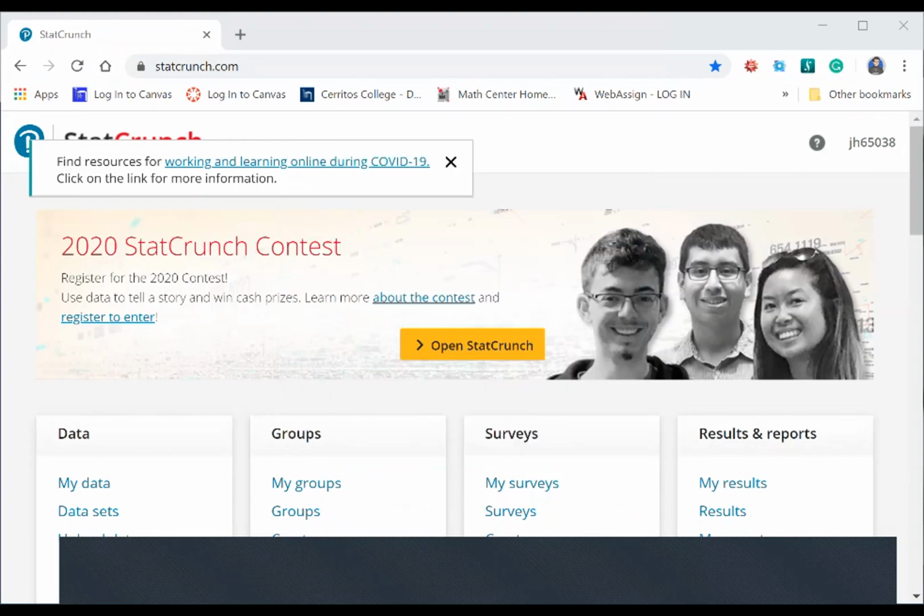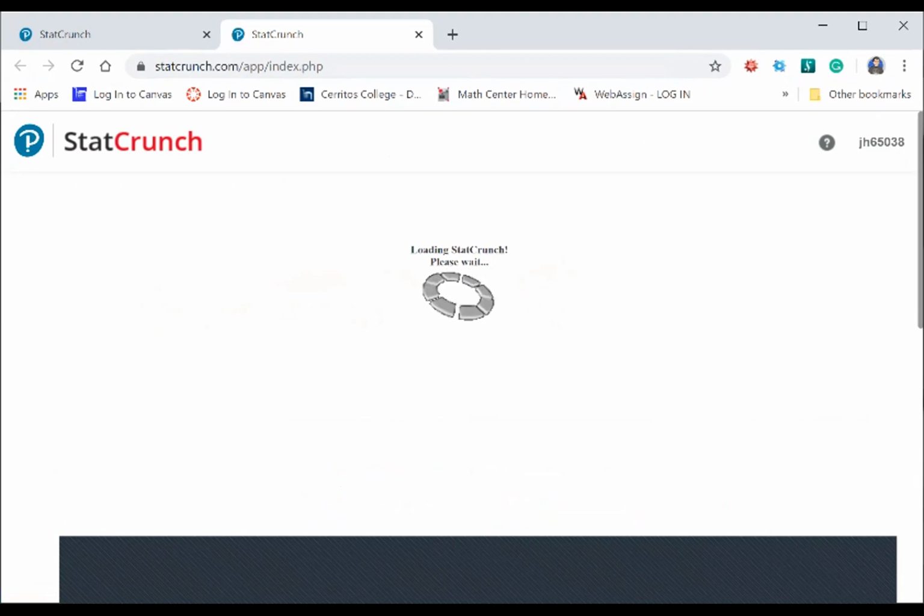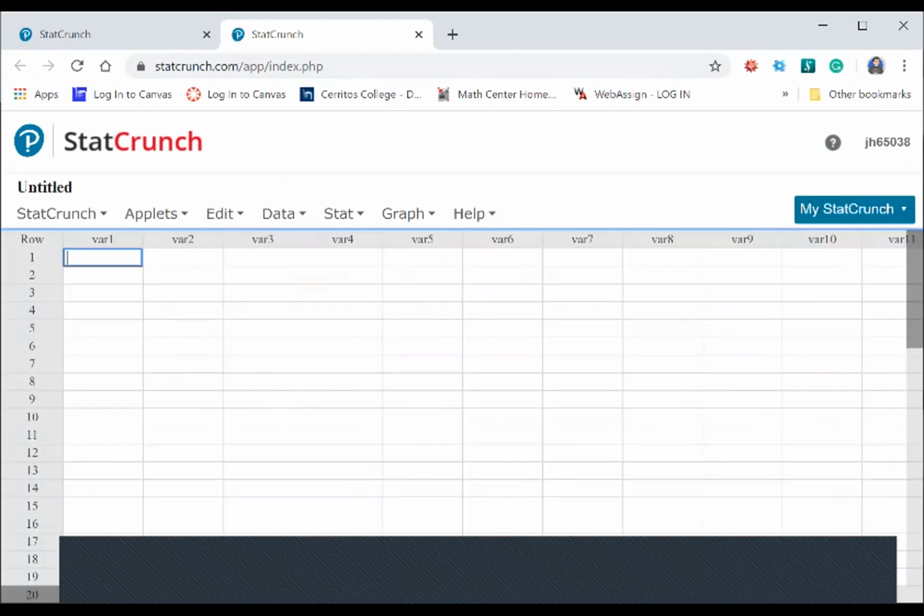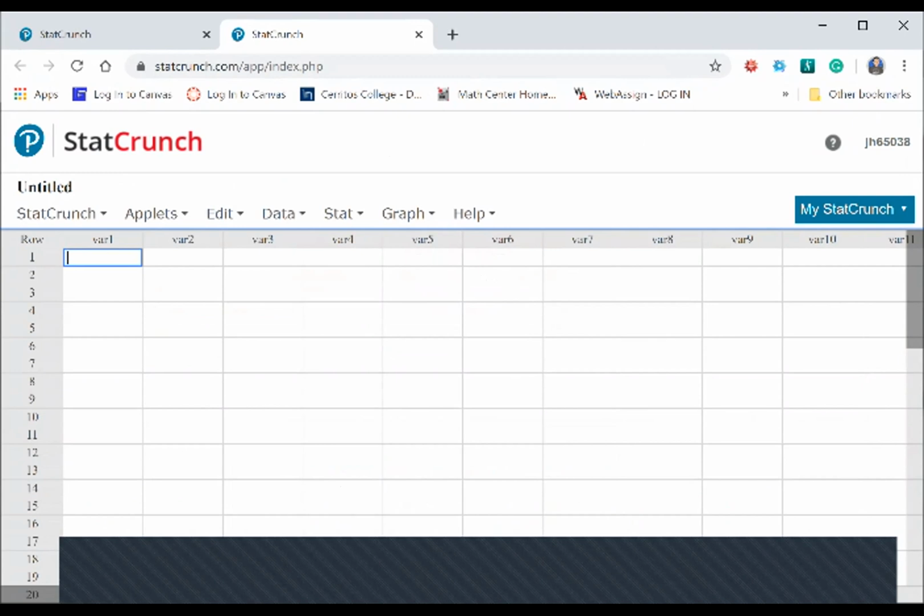Okay, so open StatCrunch. I've got to do my labels. Label is male, female. Var1 is yes, I'm left-handed.